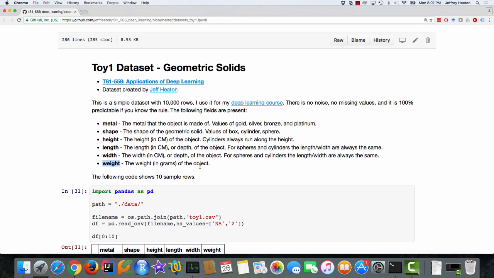The weight's what you're trying to predict. If you just plugged in the formula for the volume of one of these, you don't need machine learning to do this. But you're seeing whether machine learning can learn very accurately to synthesize those shapes, those solids.